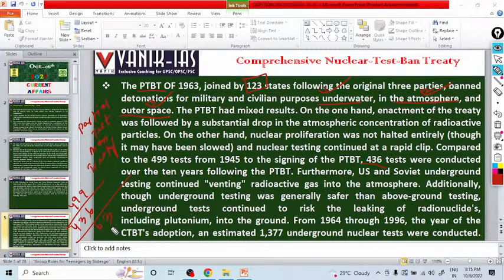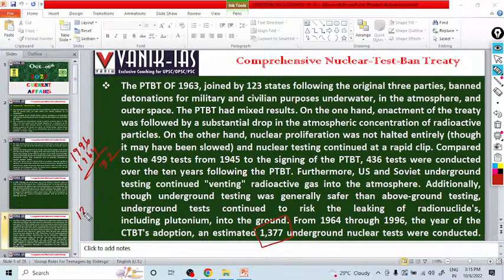You see how the human mind acted. When atmospheric testing was banned, they continued underground testing, from 1964 till 1996, the next 32 years.